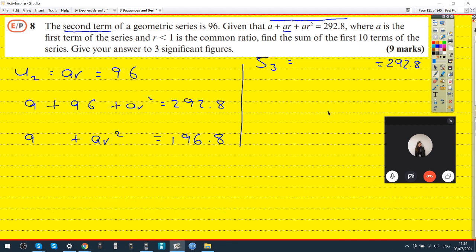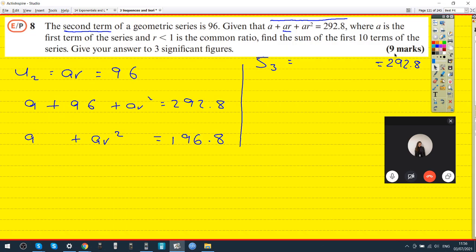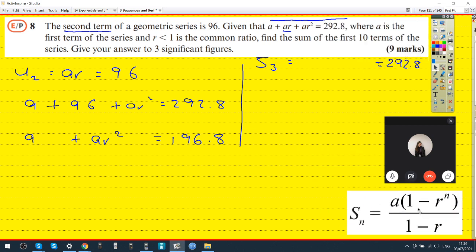I think we can use our formula. I don't know if it's any good though. Okay, so A to the 1 minus R. What is N? N is 3, sorry. So it's 2 to the power of 2. It's not N minus 1, it's just N. Oh, okay.